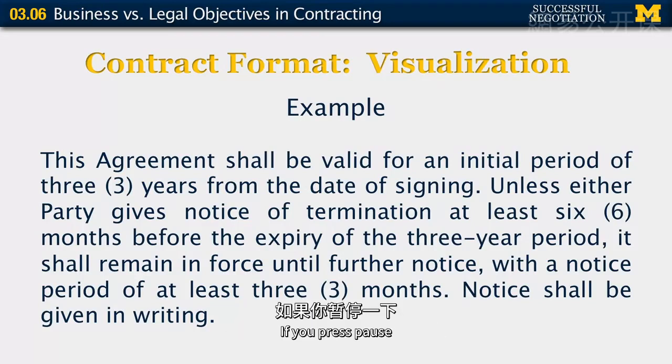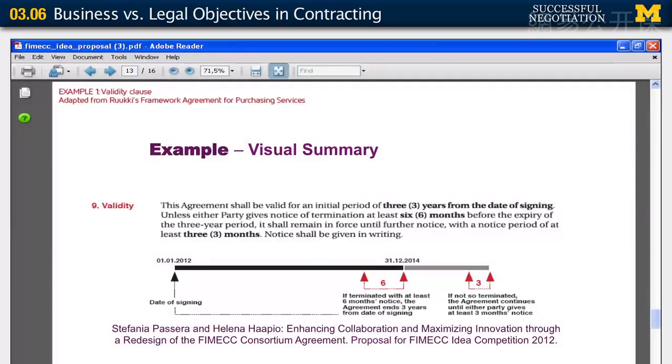If you press pause and try to visualize it, you could probably come up with some interesting possibilities. Here's one possibility, where you have a timeline that shows the date of the signing on the left. It shows the date of termination and the requirement for 6 months between the 2 red arrows.